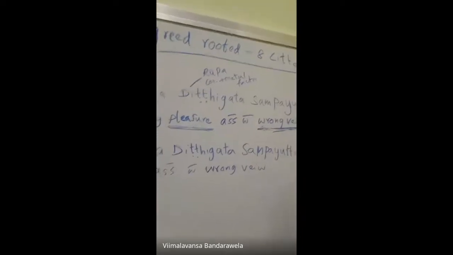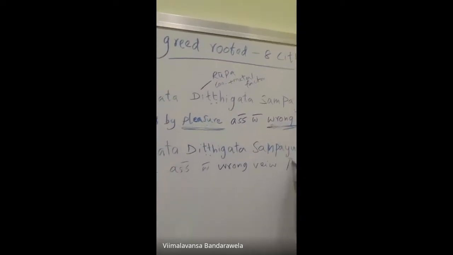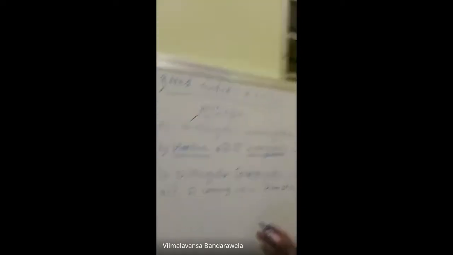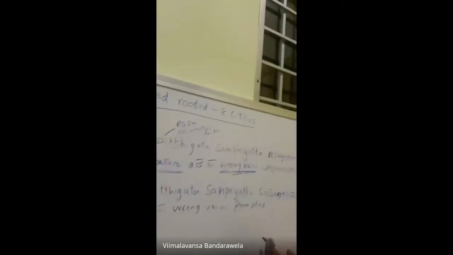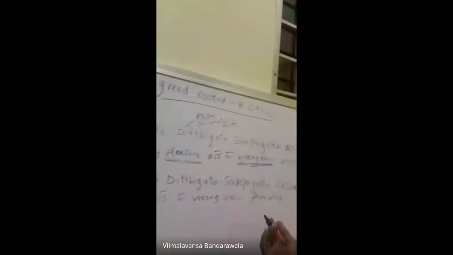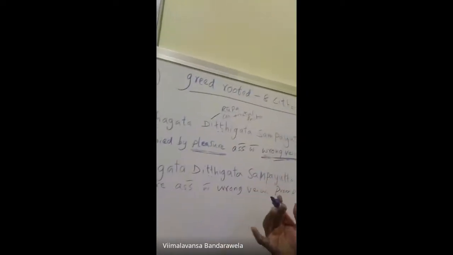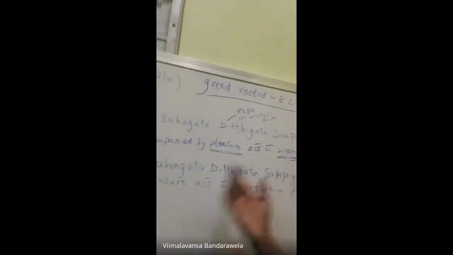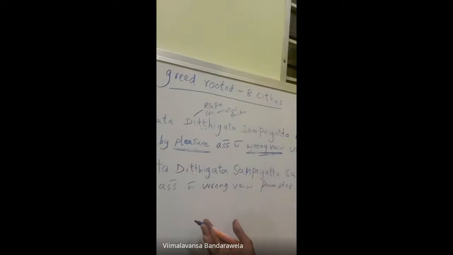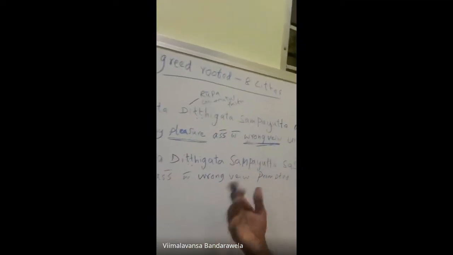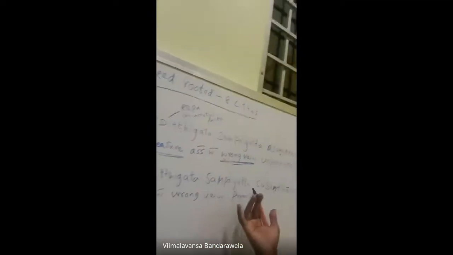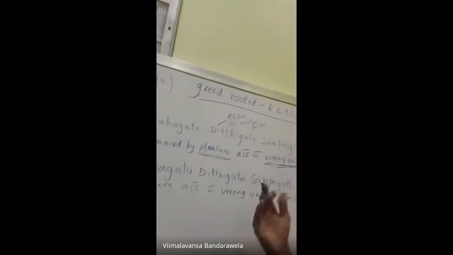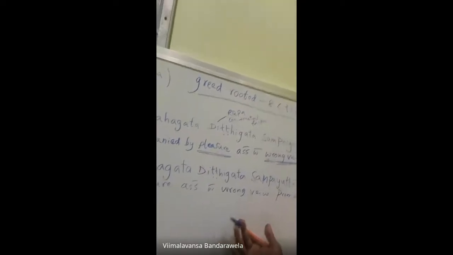Sasankharika means prompted, prompted by somebody or influenced by somebody. For example, somebody will tell you, please kill mother, kill father, or kill child, and they will tell you there is no unwholesome action here.